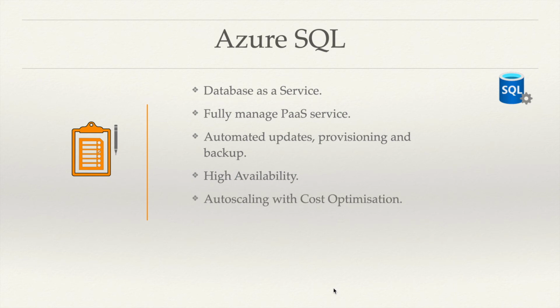And yes, again, like other PaaS services, SQL as an Azure service provides you auto scaling with cost optimization. Auto scaling means that initially, let's say I started my business as an organization, I have a low capacity of data to be migrated or to be used by my application.